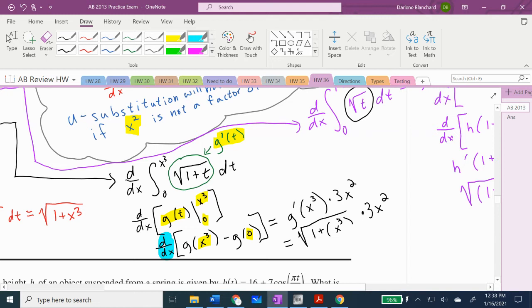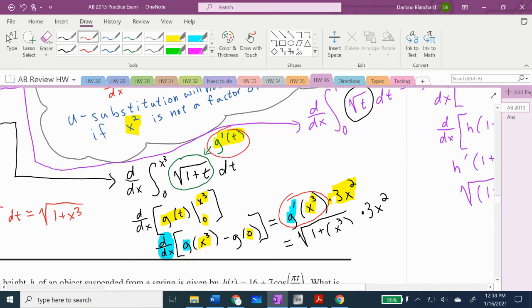Using the chain rule, I have the outer function, which I like to call the mommy function, the derivative of that mommy function, give mommy her baby, and then multiply by the derivative of the baby function. That's your basic chain rule. Then going back to what is G prime, G prime is this formula.